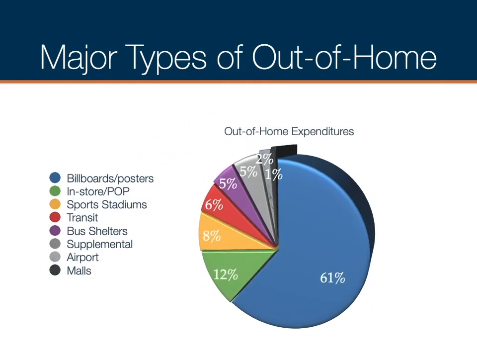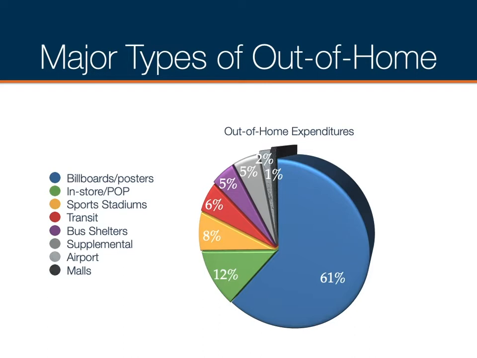Major types of out-of-home. If you look at this and think about what's going on currently with the coronavirus, my guess is that out-of-home advertising is probably the area of advertising that's going to be most impacted by the stay-at-home orders, by the economic downturn and things like that. Because you look at all this, the billboards and posters, there's much less traffic out.